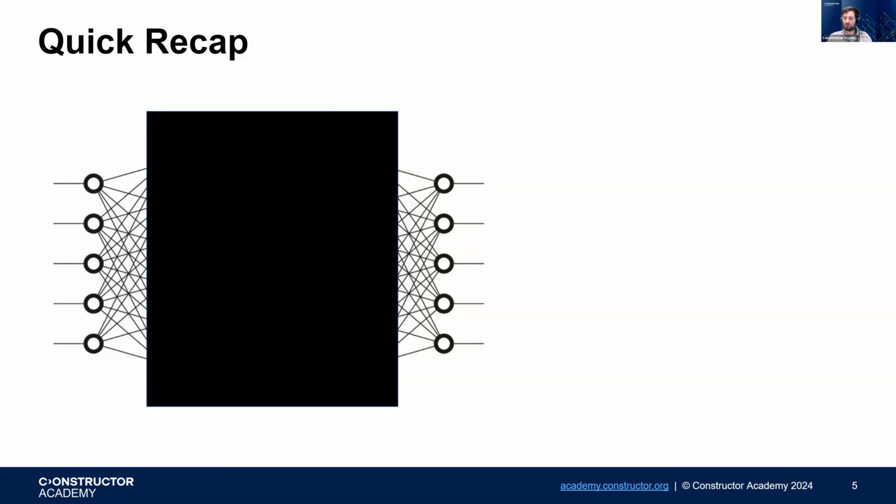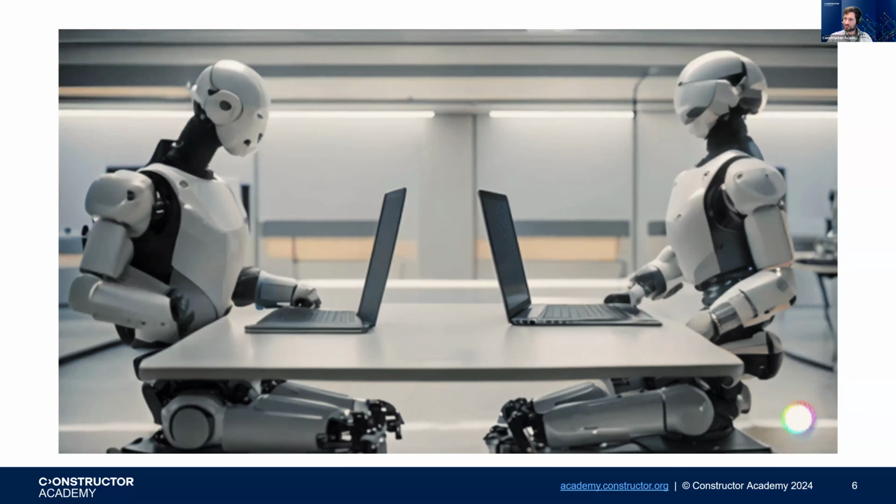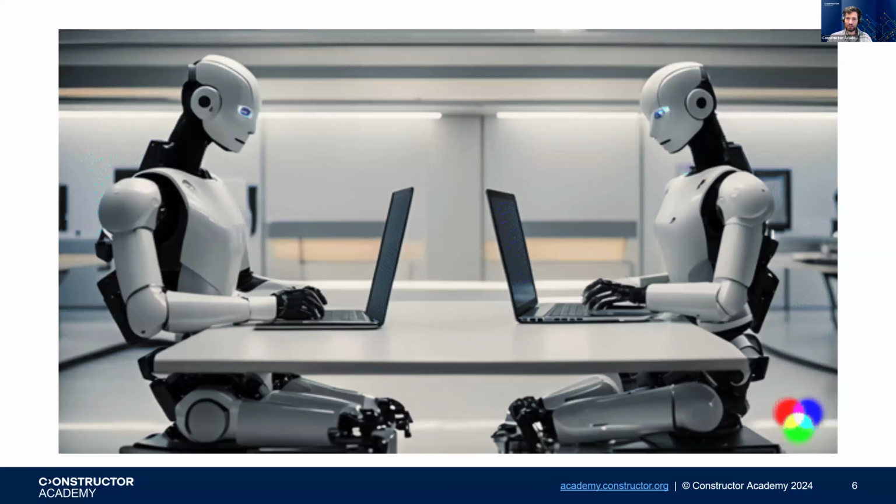So we have no control over what's happening inside these neurons inside the network. But we saw one thing: prompt quality really increases the performance, the accuracy, and the response of the model. So that's why prompts are very important. So let's start with today's lecture then.